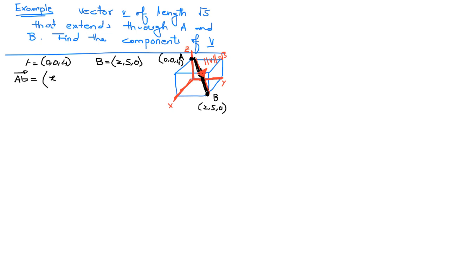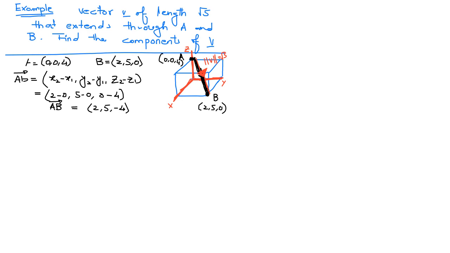In the last class, I told that x2 minus x1, y2 minus y1, z2 minus z1, using this formula. So 2 minus 0, 5 minus 0, and then 0 minus 4, that is equal to 2, 5, and minus 4. This is the vector which is called AB vector.